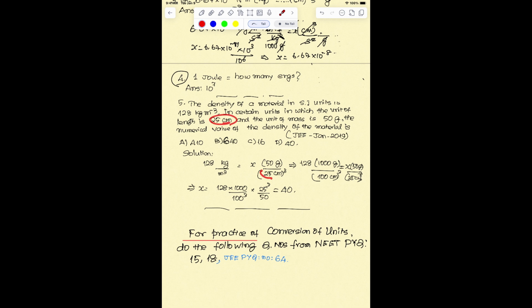Therefore, 25 centimeter cube we have to write. Now we have to find out the x. Therefore, again convert kg into 1000 grams and then meter into 100 centimeter, and then cancel out the grams, cancel out the centimeter cube. Therefore, you get the remaining x value calculated like this.